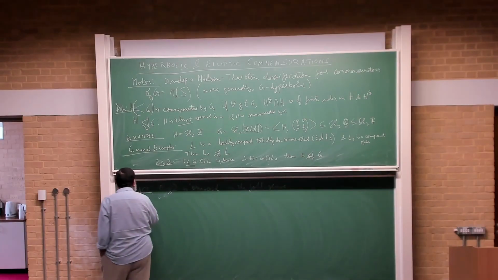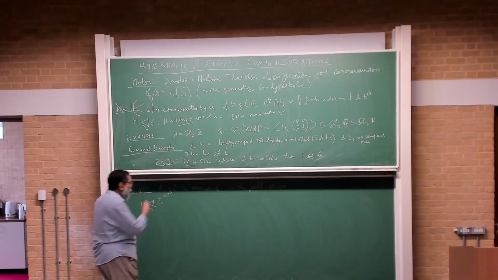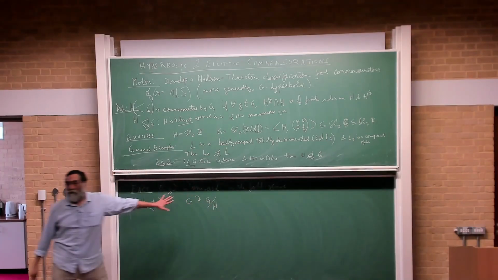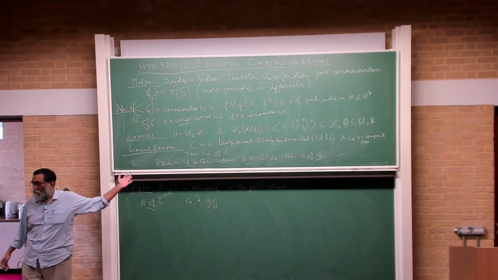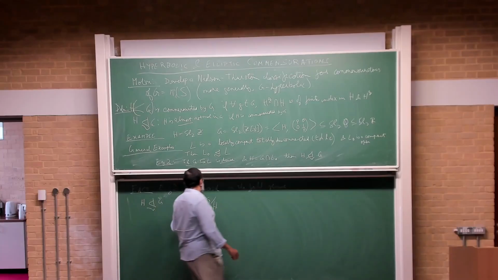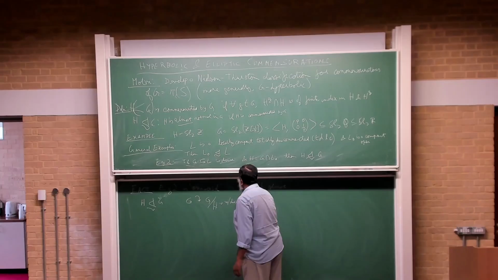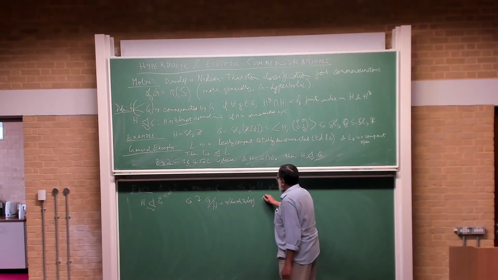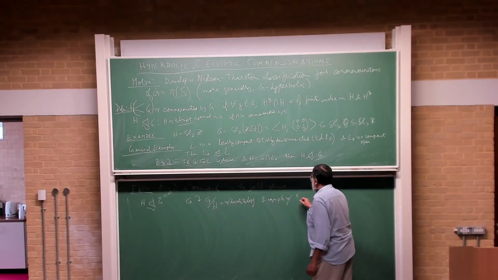Let's say you have H almost normal in G, then G acts on G mod H. Just think of G mod H not as a Schreier graph, but just as a discrete set, a collection of cosets, with discrete topology. And via this action, equip G with the compact open topology.